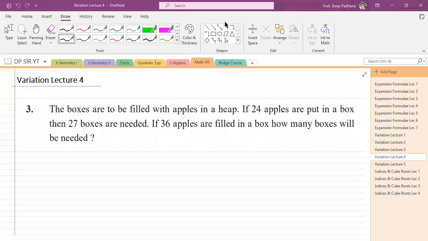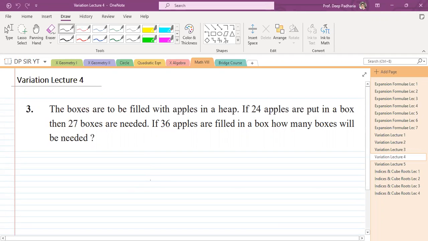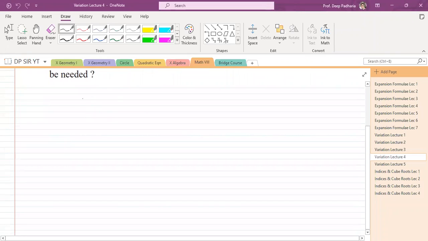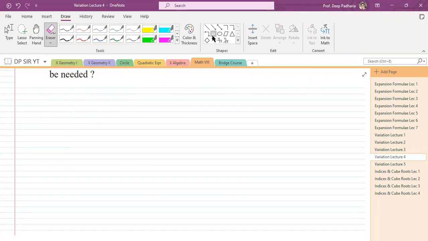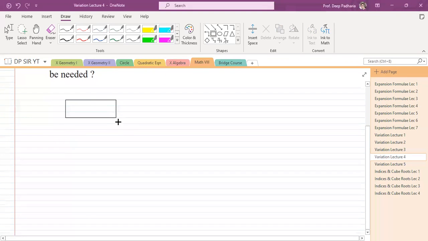So let's begin. The boxes are to be filled with apples in a heap. Okay, it means I need to fill a box. Apple भरना है मुझे वो box में. If 24 apples are put in a box, मतलब suppose एक box में, suppose this is one box. In one box, suppose there are 24 apples. Okay. Again, excuse me for my so sweet handwriting. I'll better use this.